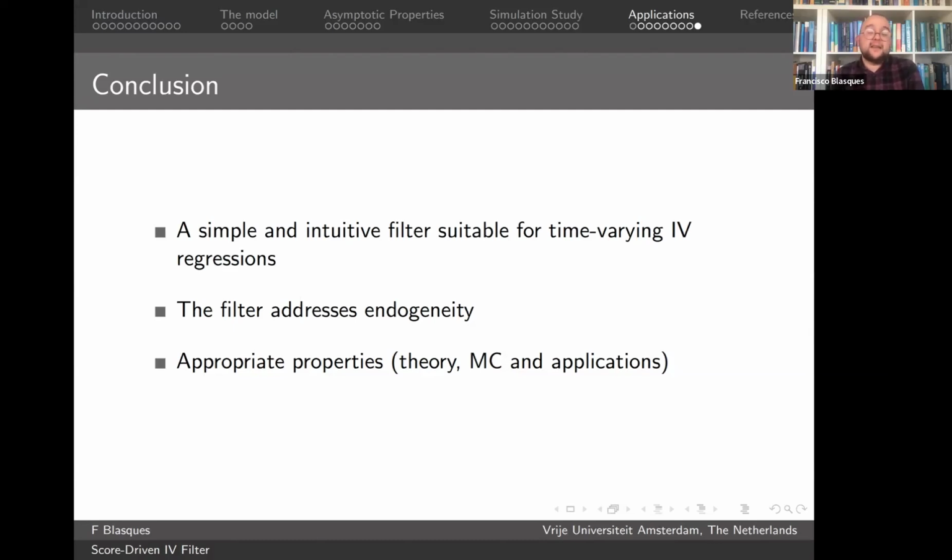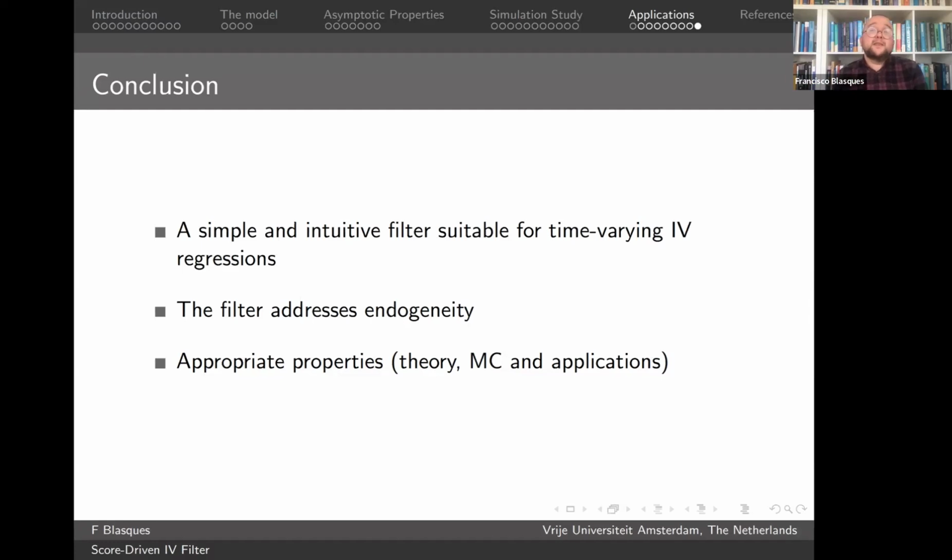So, yeah, I think the conclusion is that this type of IV score filter can offer a simple and intuitive solution for filtering time-varying parameters in the presence of endogeneity, which is such a pervasive issue in economics and finance and business.